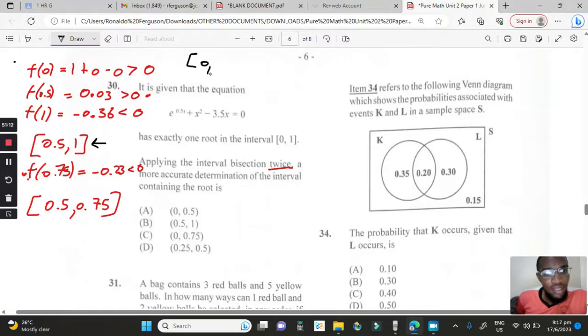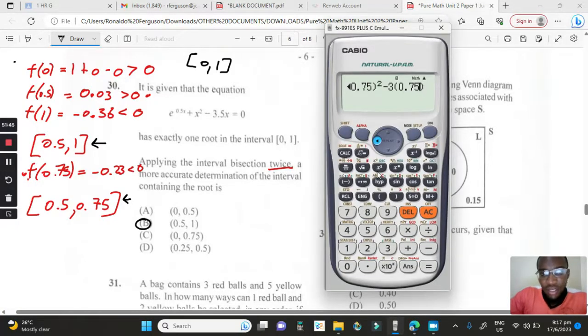So applying interval bisection twice, we're going to work with 0.5 to 1, because that's the interval where it lies. So I guess they consider the 0 to 1 really the first interval, and then the second interval is 0.5 and 1, which is very funny because we only bisected once, so I find it strange that that is what they wanted.